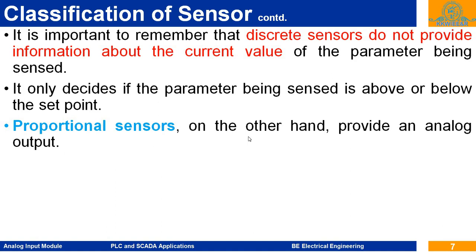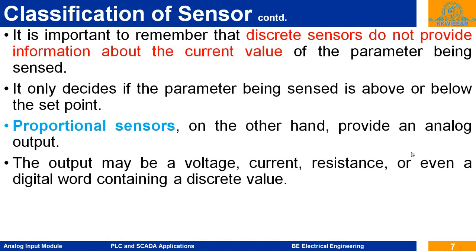Proportional sensors, on the other hand, provide an analog output. The thermocouple is an example of a proportional sensor. It continuously gives you the value of the water temperature.